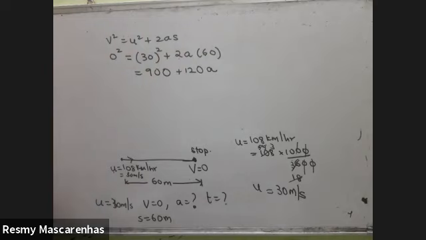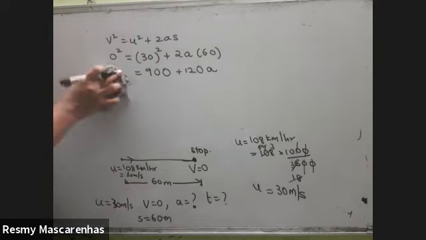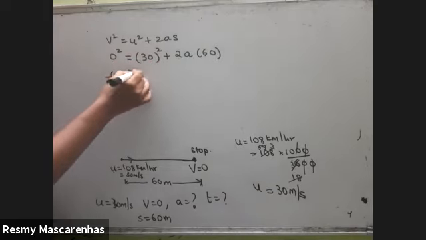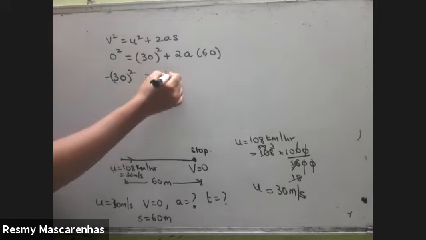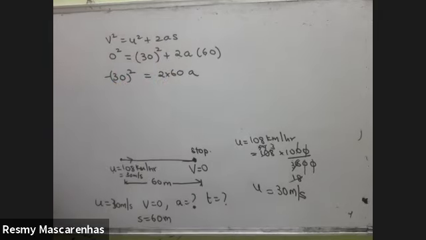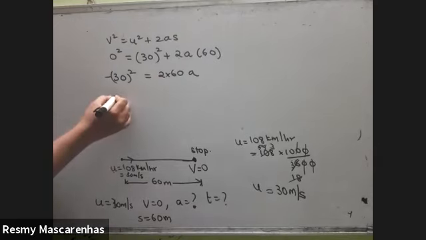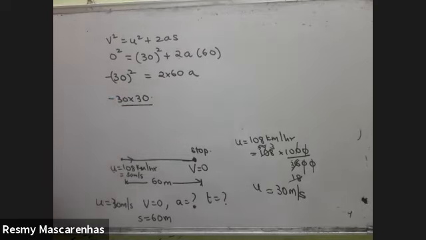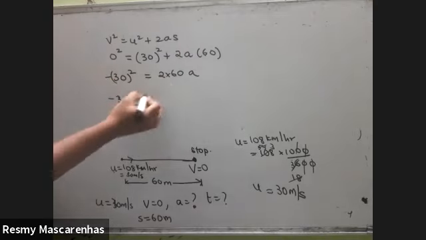Or even if you don't want to do this, I told you last time, the best option is this: take it to this side. So this will become minus 30 square, and keep it like this: 2 into 60. So minus 30 square can be written as this: the minus is outside and this 30 square is 30 into 30, and this will come down.